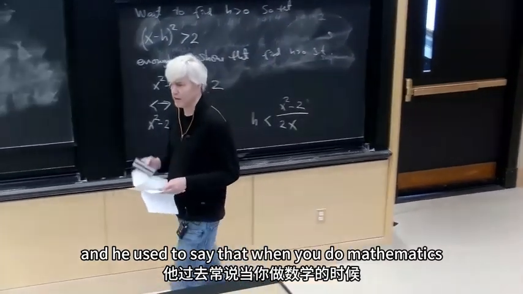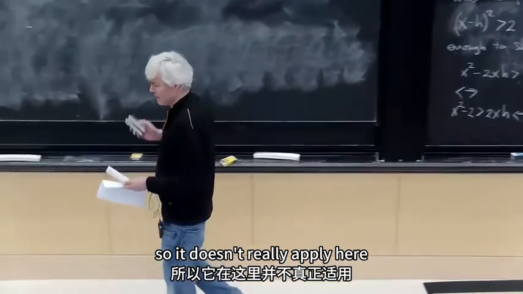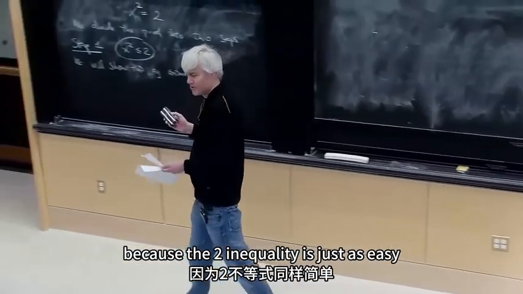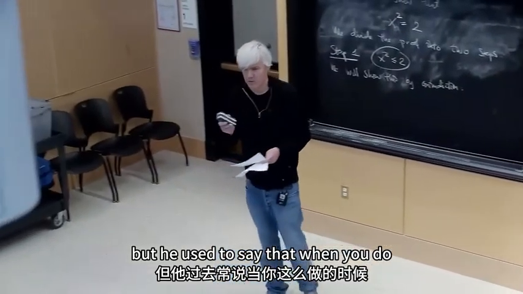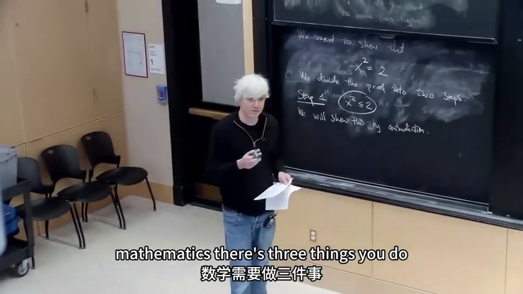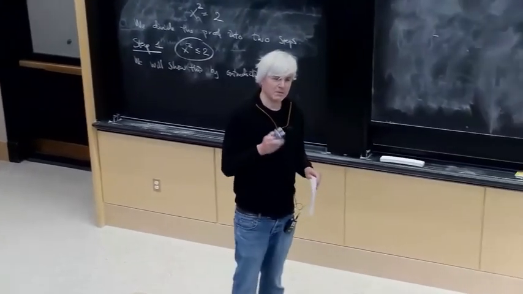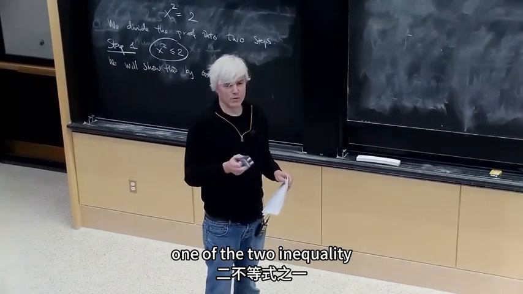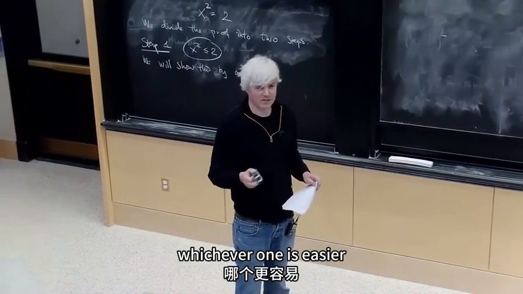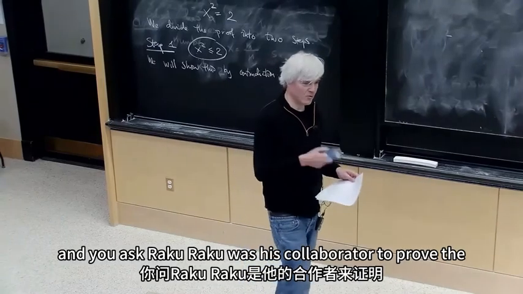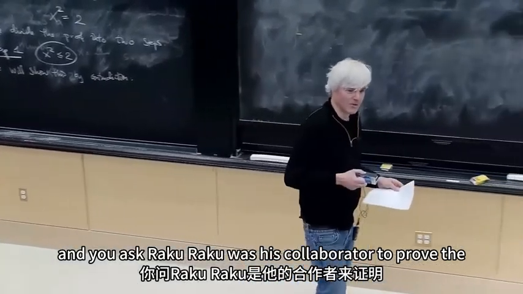He used to say that when you do mathematics, there's three things you do. You locate a problem, you prove one of the two inequalities, whichever one is easier, and you ask Ragu, his collaborator, to prove the other inequality.